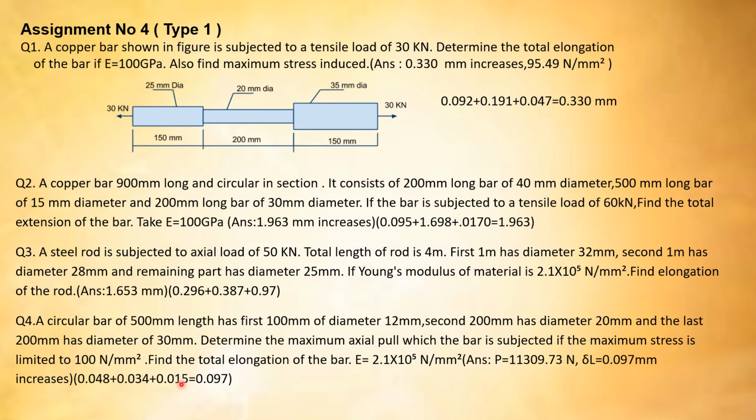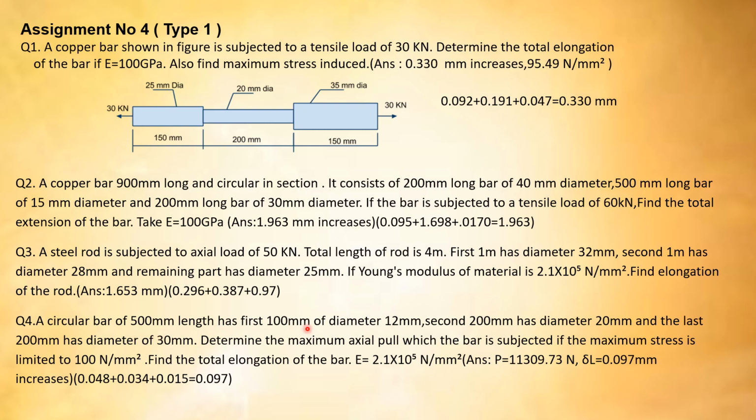Now here the maximum stress is given. So what you have to do is consider the bar of minimum diameter. So the bar diameter minimum 12 is here. So take the area of this 12 mm bar and in this 12 mm the stress given is 100, and find out the P, and the same P you use it for the full length of the bar 500 mm.